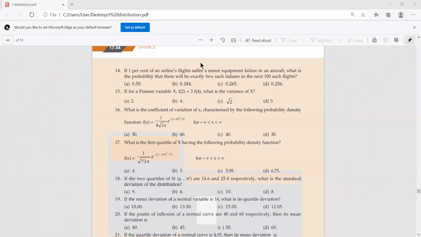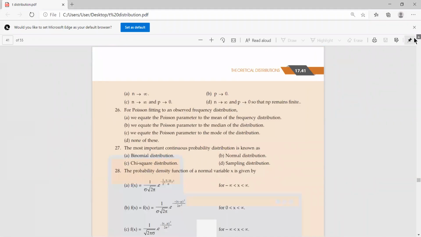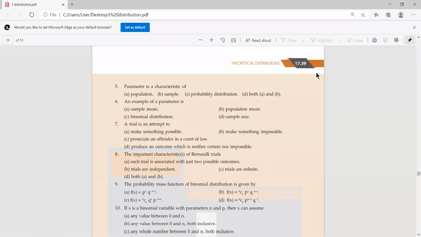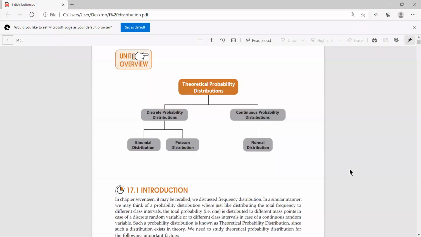Let's move to set A. Before we begin discussing theory, there are certain things you need to read by yourself. This is the introduction part. We have completed this section, binomial and Poisson.